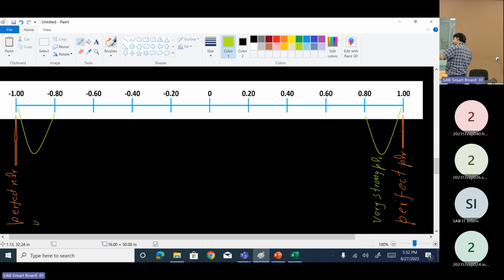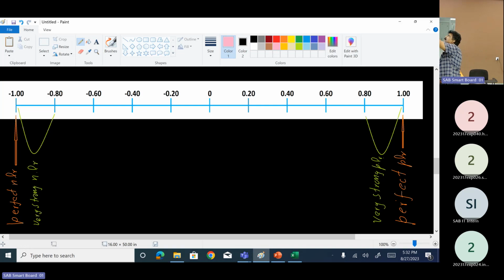So this is very strong negative linear relationship.